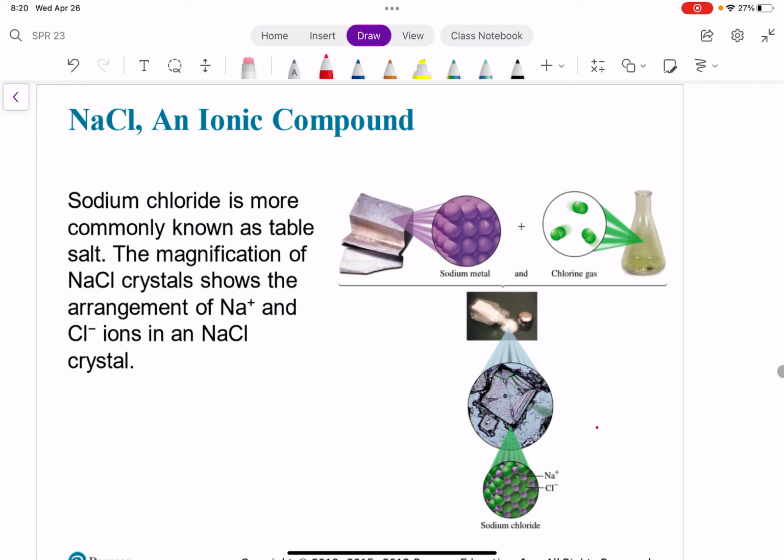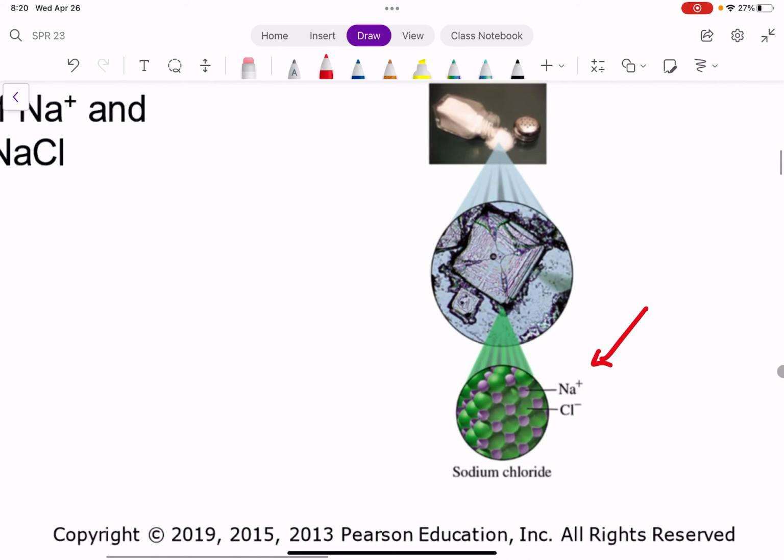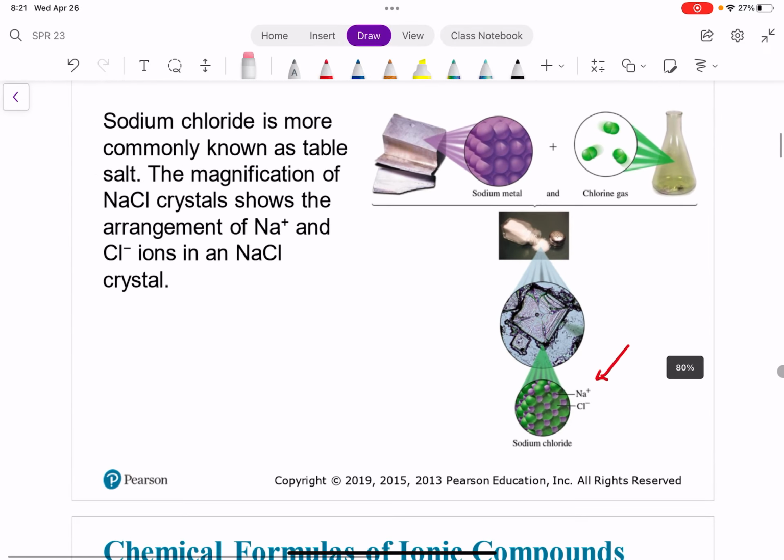And when you look over here at sodium chloride when it's bonded together, you can see that it forms this structure that's really interesting looking, where we have one of our sodium ions bonded to one of our chlorine ions. And then it just keeps going on in that same structure over and over and over again. And what this is called is a crystal lattice structure.